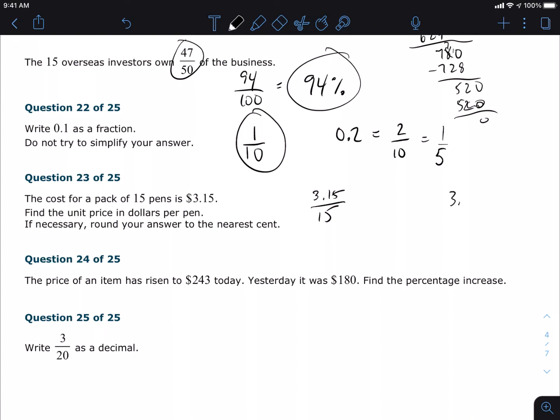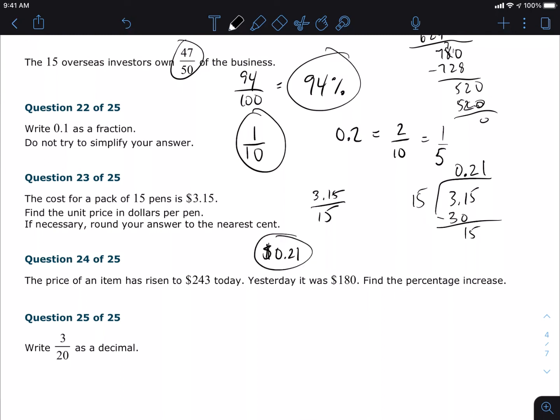So I'm going to go 3, 1, 5, and 15 on the outside. So it's going to be 0. Here's a 2, because that's going to give me my 30. And then 1. So it's going to cost per pen 21 cents.